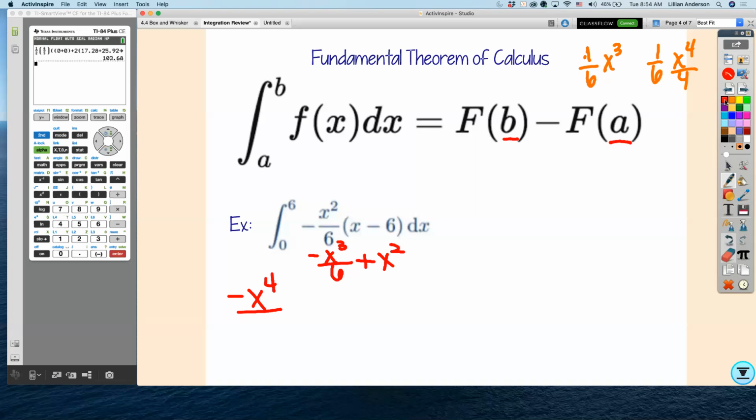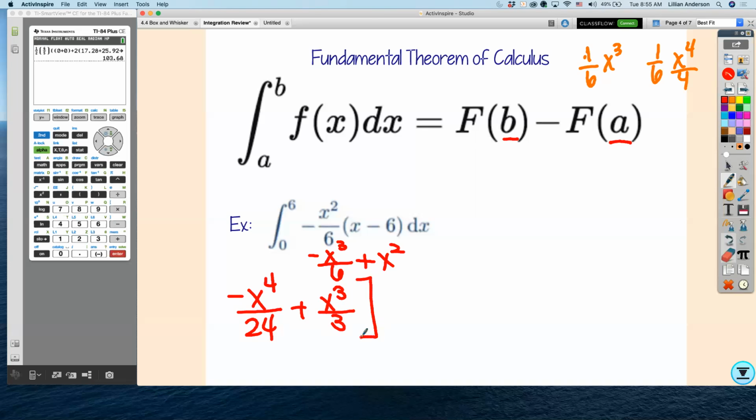So it turns into what? 1 over 24. What's the antiderivative of x to the 2nd? X over 2 or x over 3? It would be x cubed over 3. Make sure you keep that exponent there.